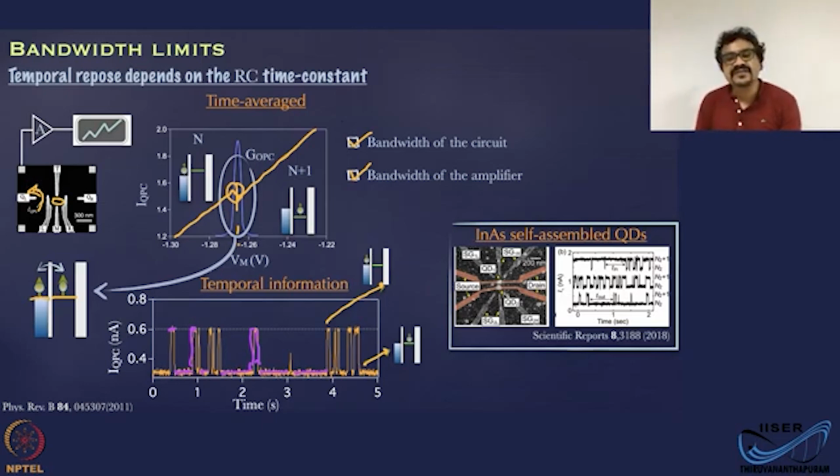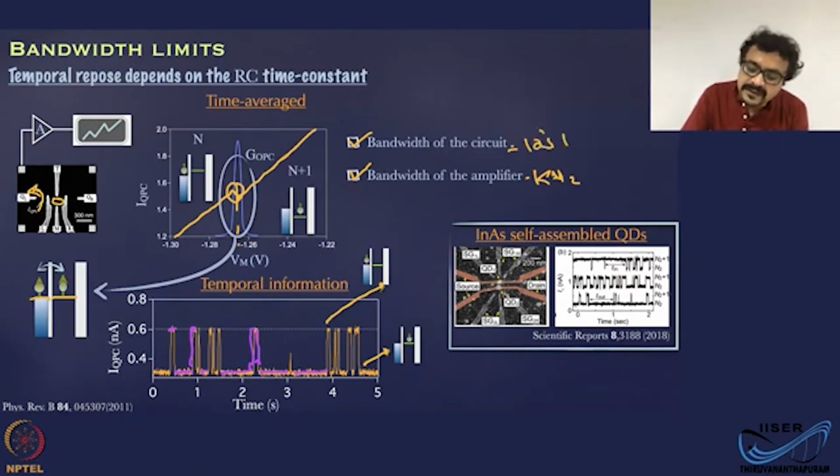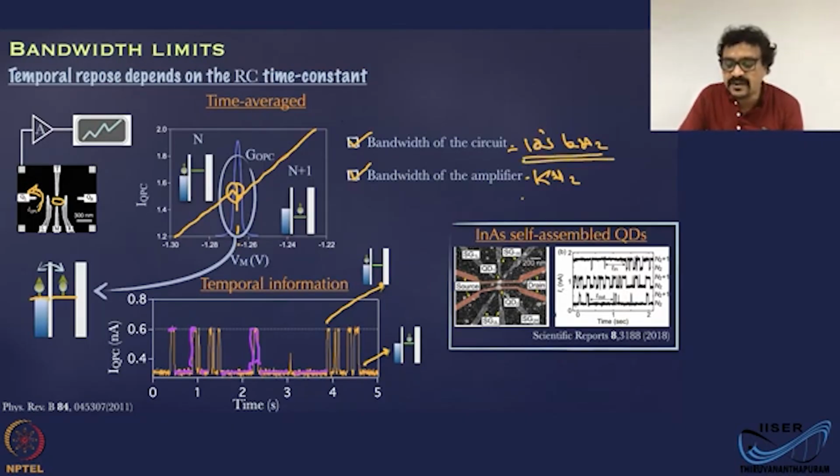As you can see, for these experiments, these bandwidths are around a kilohertz, and this will be tens of kilohertz. And how would you get this number? That we will discuss in a minute.